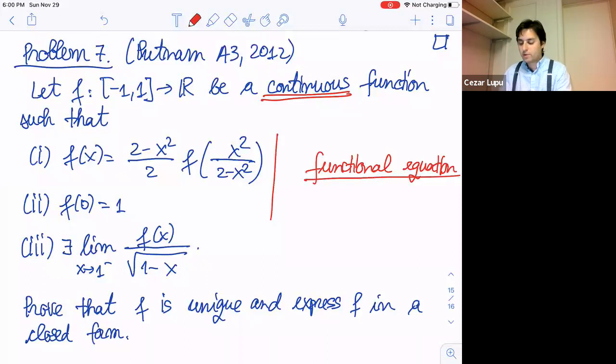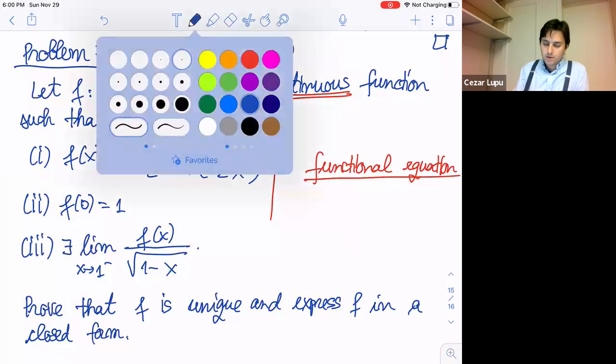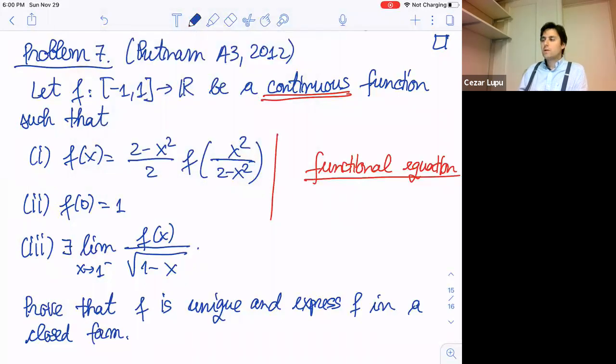Maybe there is a way to maneuver this. Well, let's see. Usually when you have this kind of problem, like I said, they're pretty standard because usually you use continuity.